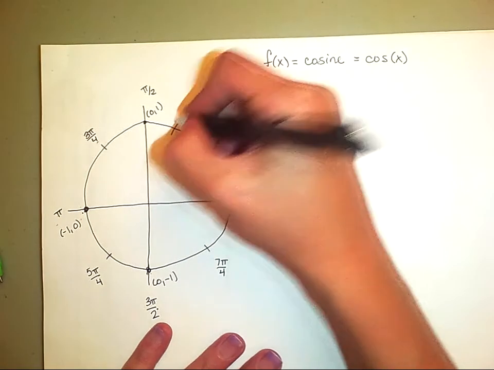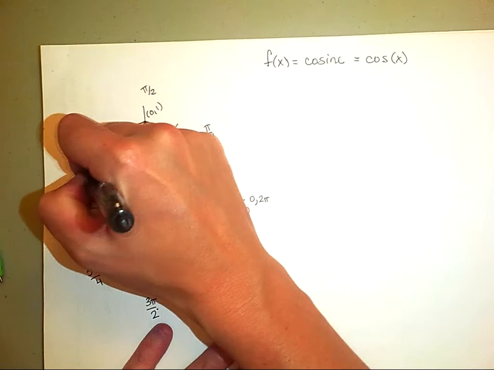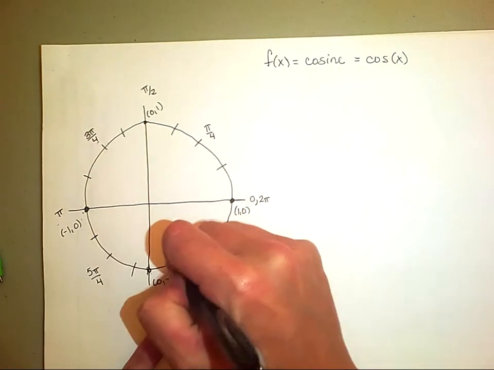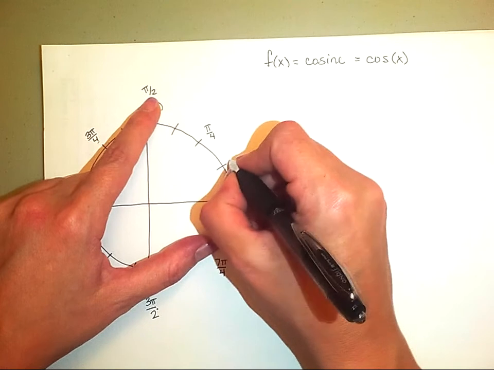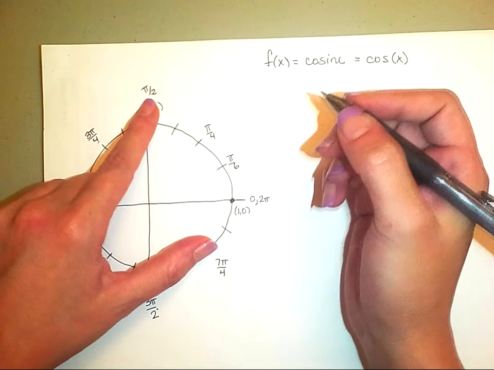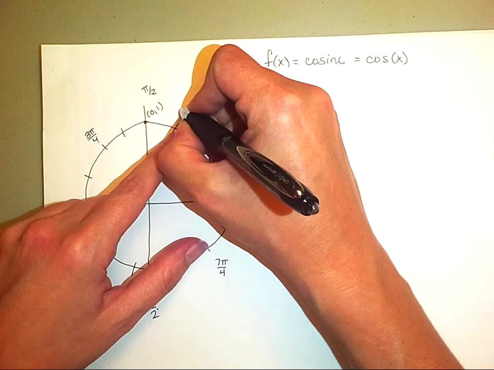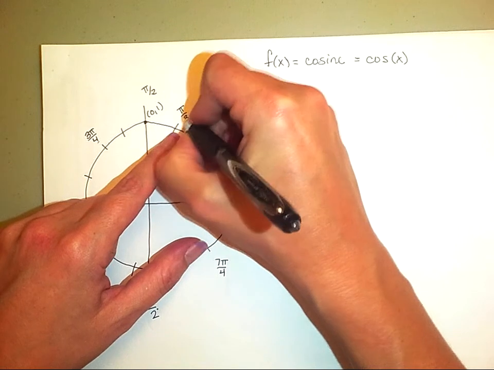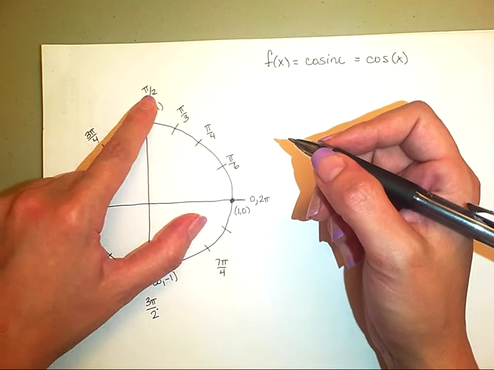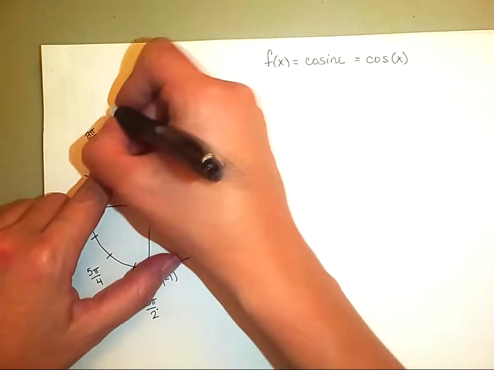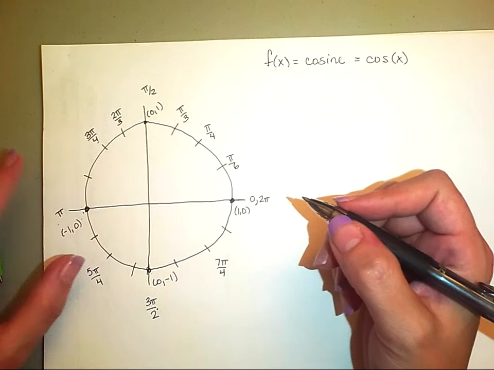Now we have the thirds. One third times pi over 2 is pi over 6, and now we'll count. 1 pi over 6, 2 pi over 6, which reduces to pi over 3. 3 pi over 6, which reduces to pi over 2. 4 pi over 6, which reduces to 2 pi over 3.